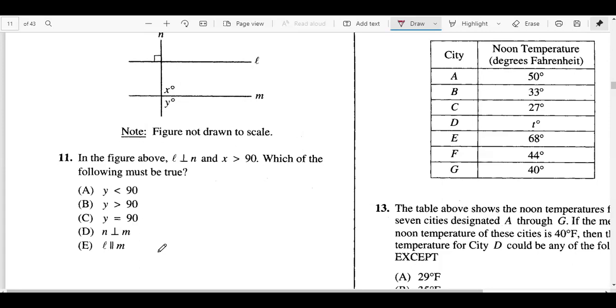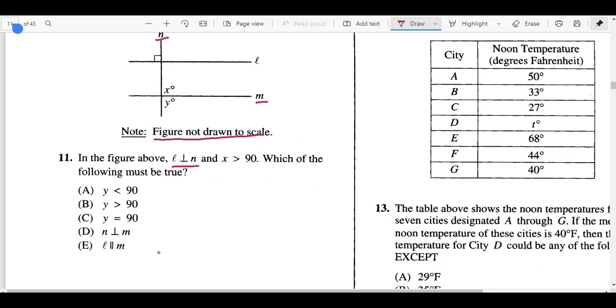Basically, apparently Ishal's answer was correct. This is what anyone would have said, because it looks like the line M is perpendicular to the line N, and if two lines are perpendicular, we guess that the angle would be 90. But here you need to see that the figure is not drawn to scale, and they've written in the figure above that L is perpendicular to N. If M was perpendicular to N, they would have mentioned that, right?